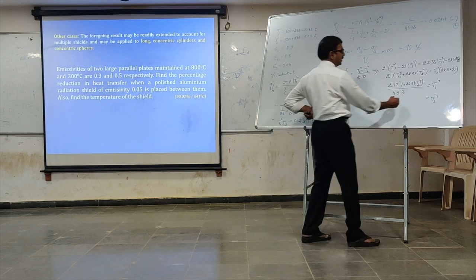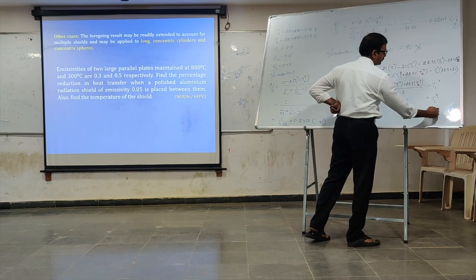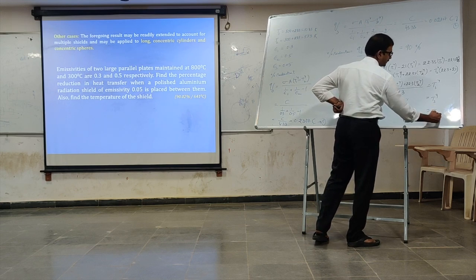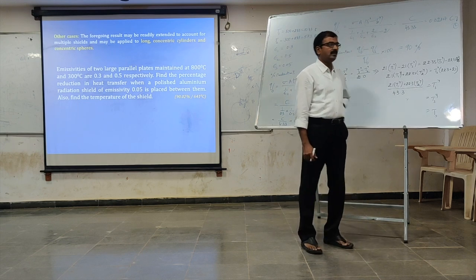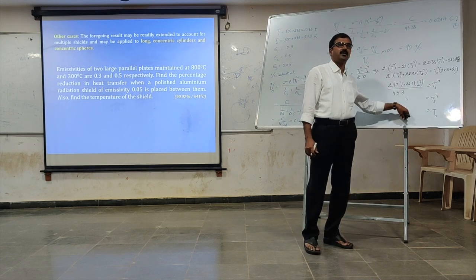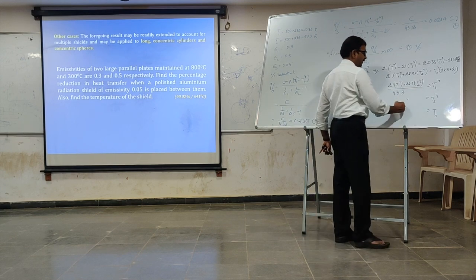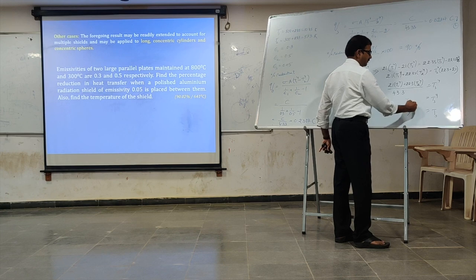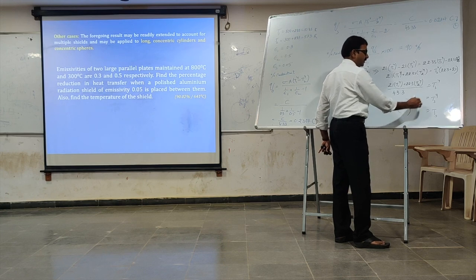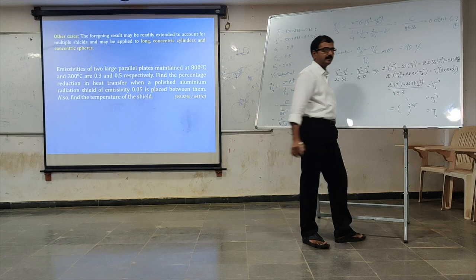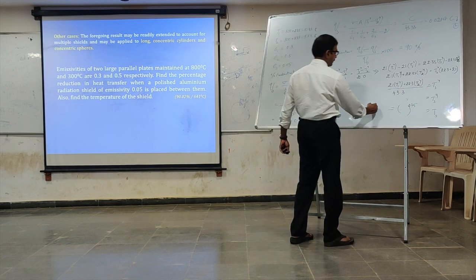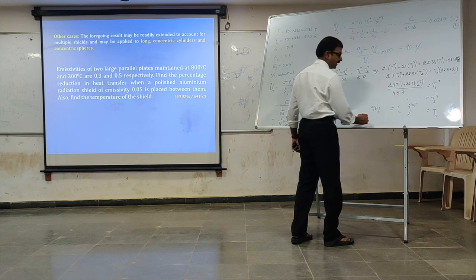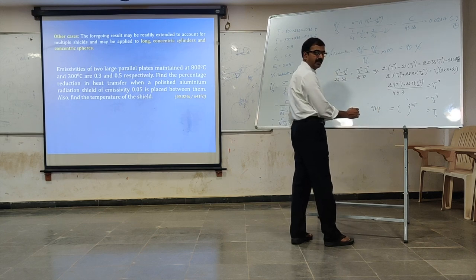Now we get some value here, then take the fourth root of it. If you are using a calculator, whatever value you get here to the power of 0.25, you will get some value. 914.